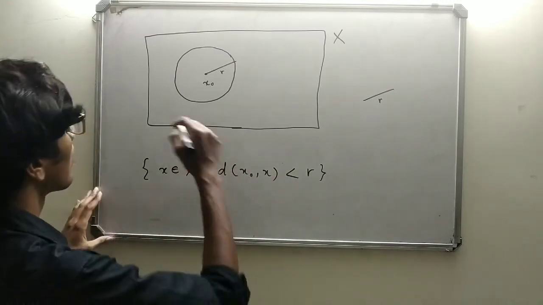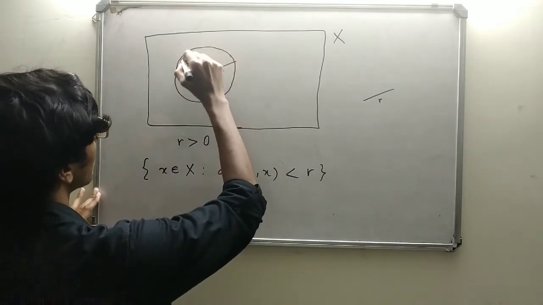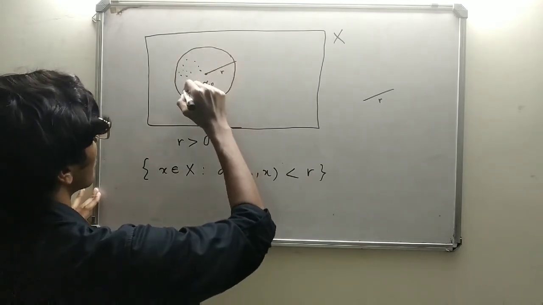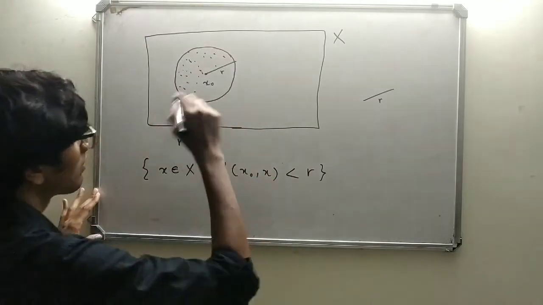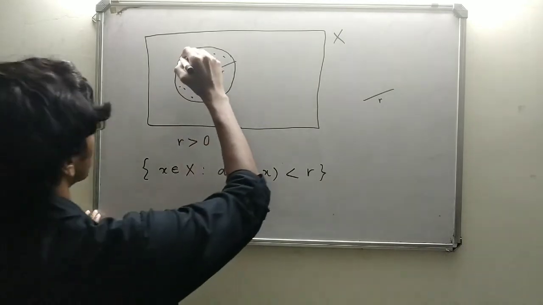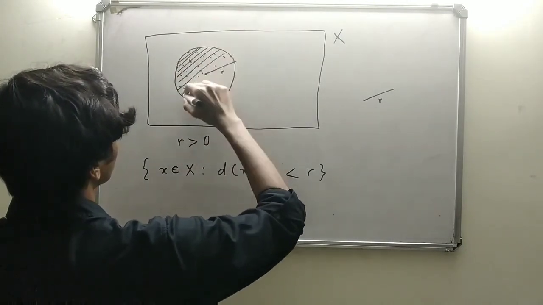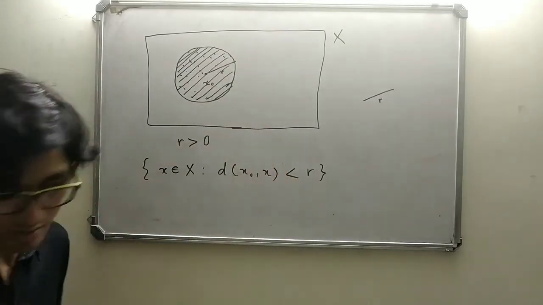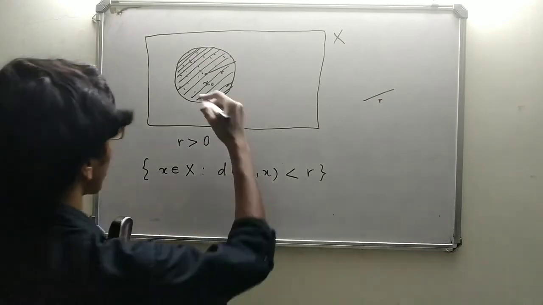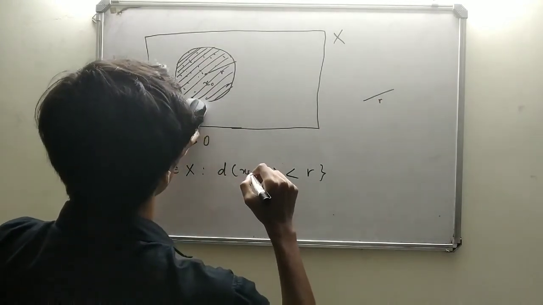So that set includes all the points which lie in the interior of this ball. I'll just shade it like this. But this set excludes the boundary; it doesn't include the circumference.